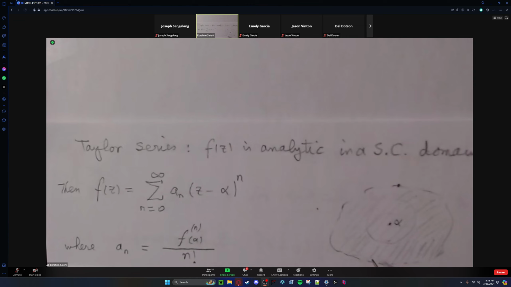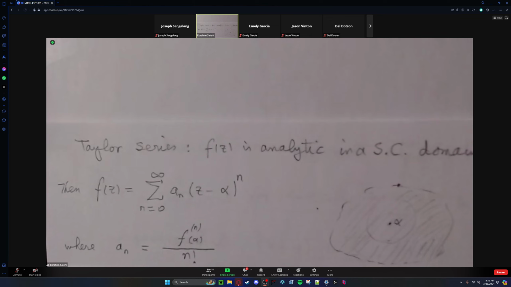Okay? So it is not a singularity, it's not a bad point, it's a good point, and the function is analytic at that point. If that is the case, we can have a series representation of f of z with the power series centered at alpha, centered at that point.